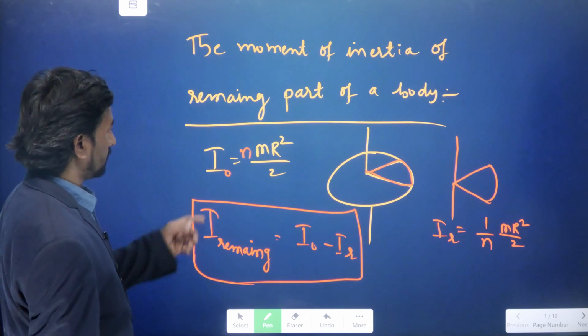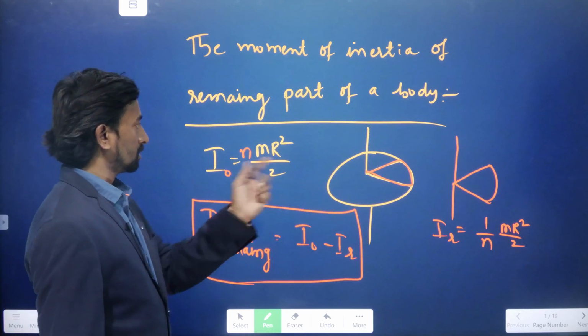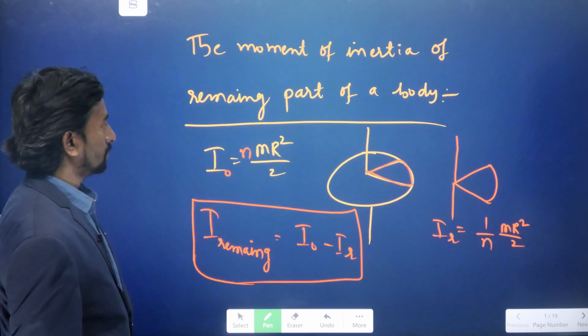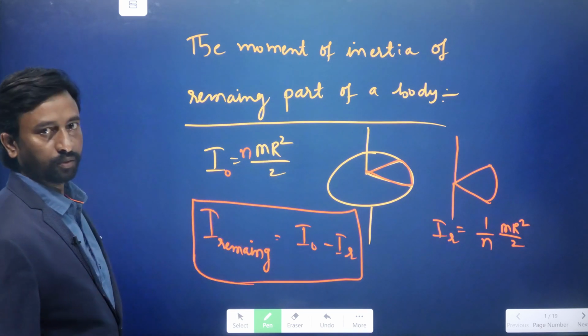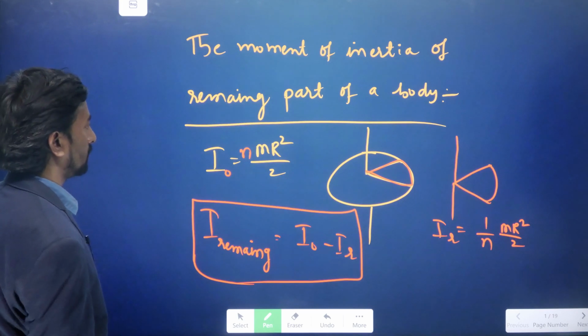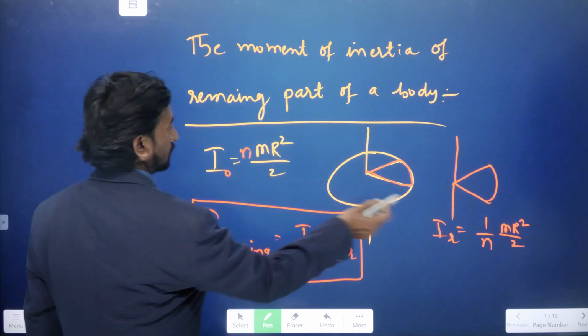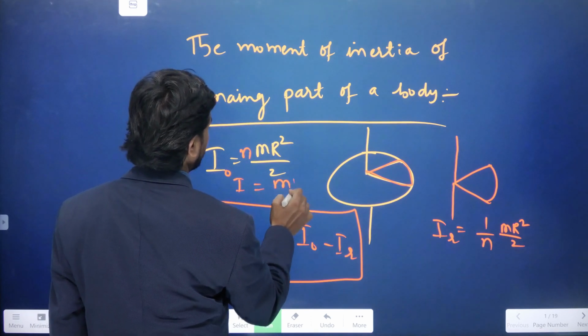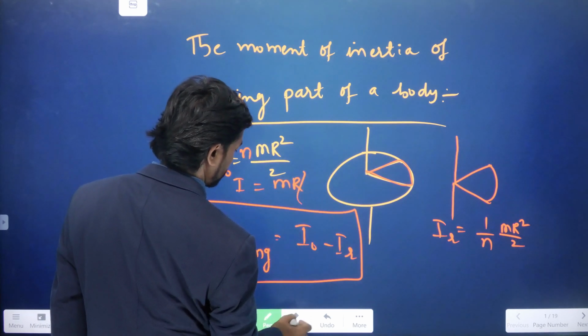If it is made of n parts, then the total moment of inertia will be n times MR square by 2.